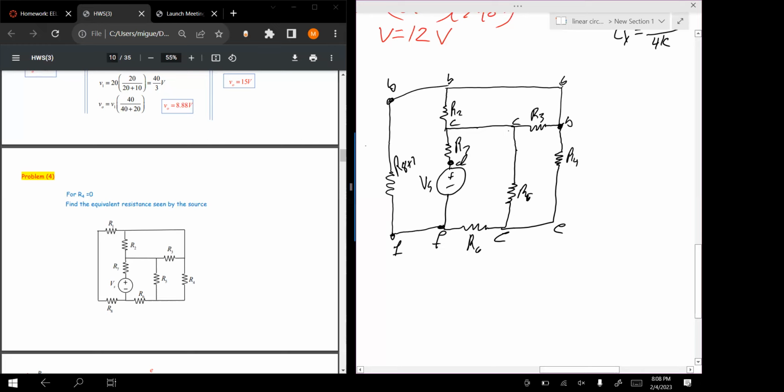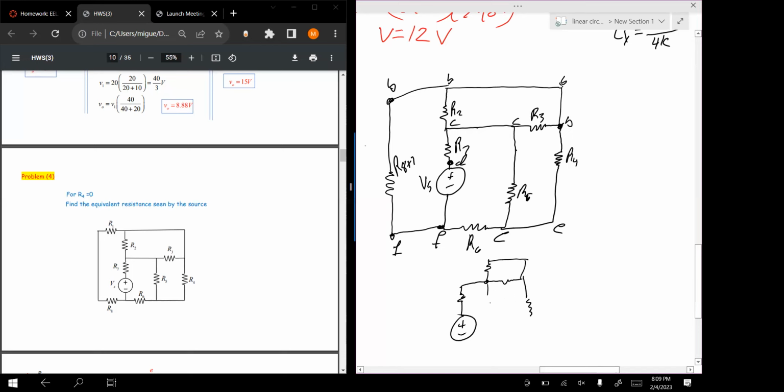Imagine if I pinched C together. Let's do a quick drawing of that. Resistor. Imagine if it went to one point, and then out of this we had resistor, resistor, and then this went to R4.